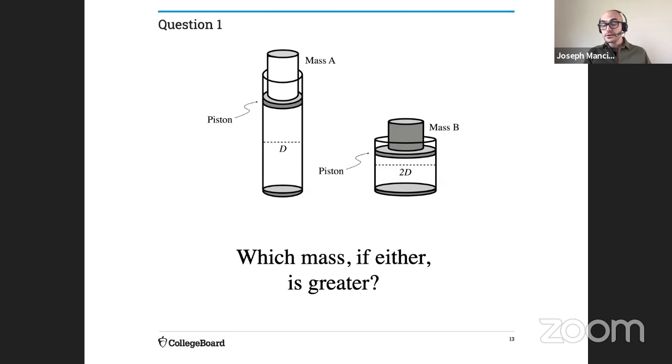And that would tell you that because the area of the piston on the right is 4 times as much, the weight on top of the piston on the right is 4 times as much. 4 times the force over 4 times the area, that is the same pressure.